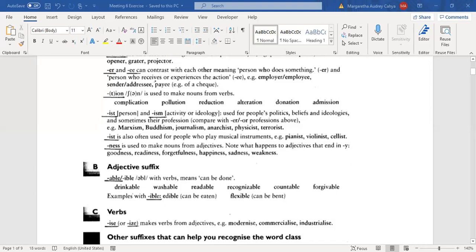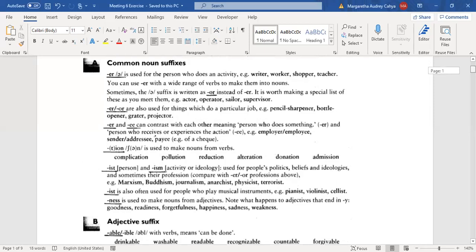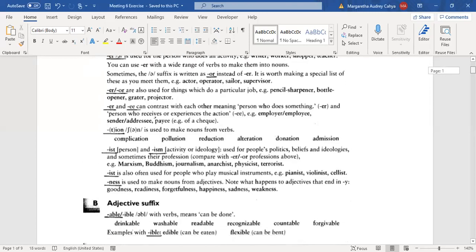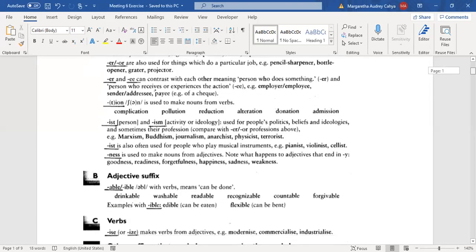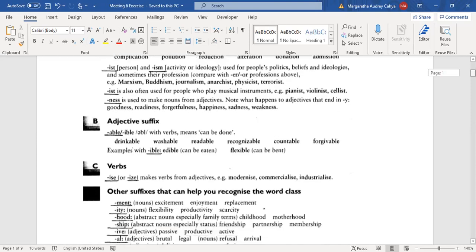Okay. Then what else? To make noun from verb. Yeah, complication, pollute, pollution, reduction, alter, alteration, donate, donation, admission, admit. Okay.